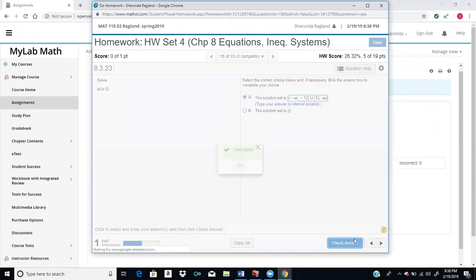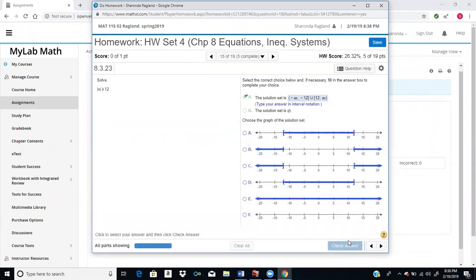And so let's check it. Very good. Well, we've already done the graph, because that makes it easier.